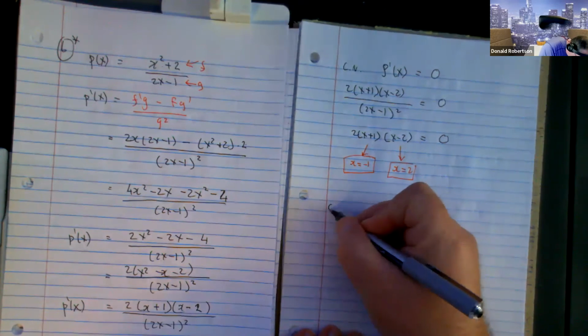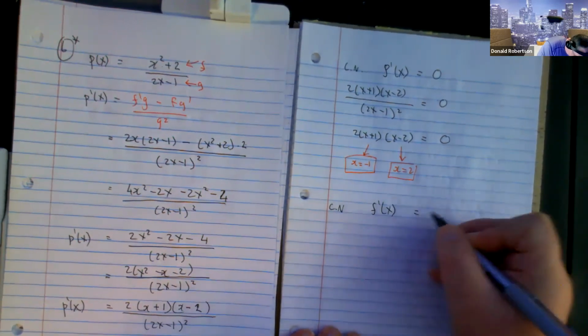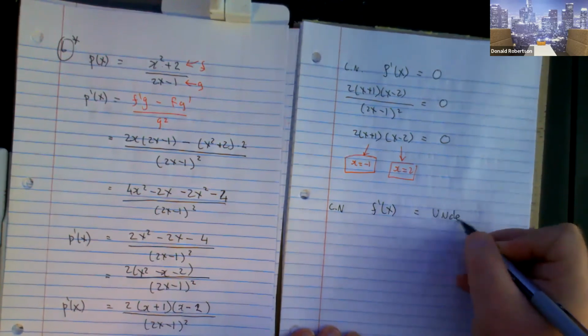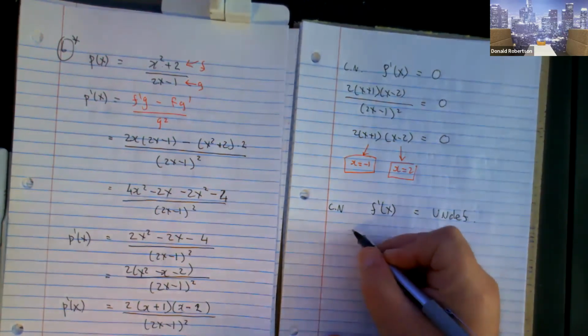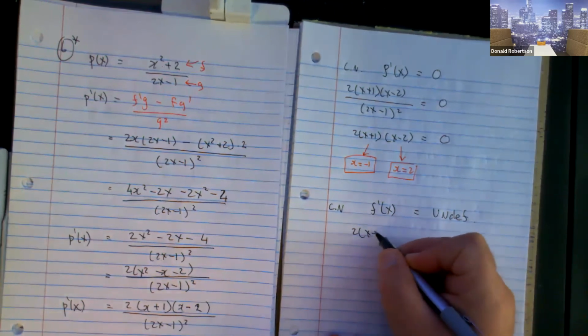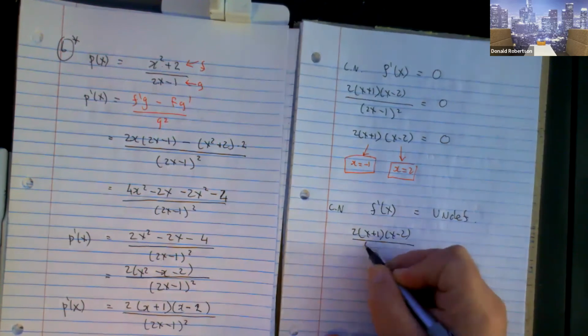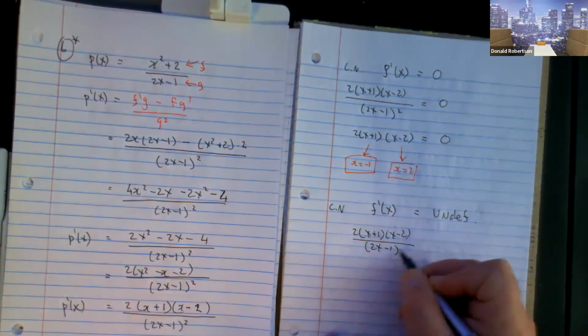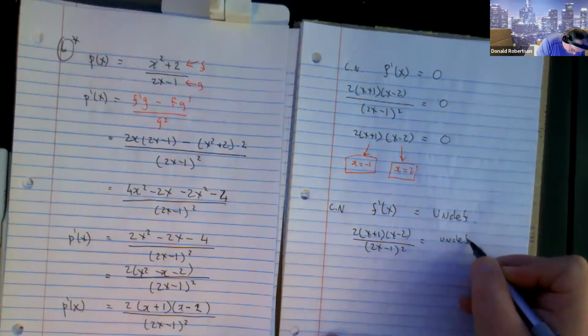Now the other critical number is going to be when the derivative is undefined. Well, this is the derivative. And we are trying to find when it's undefined.